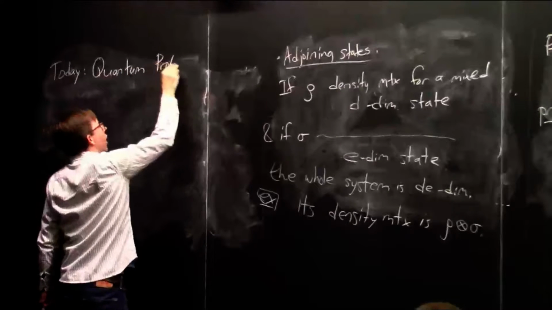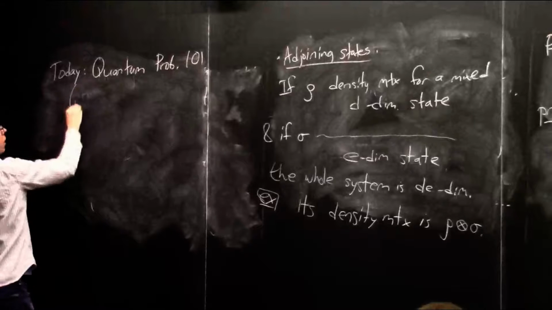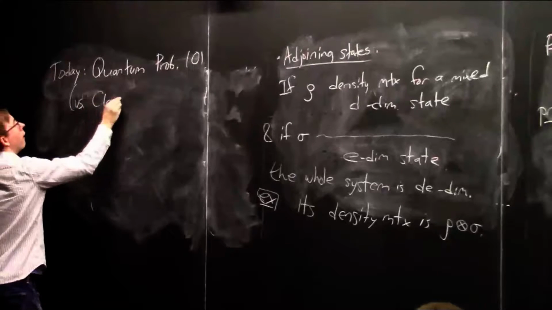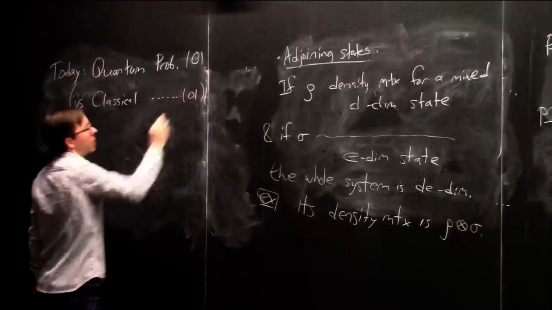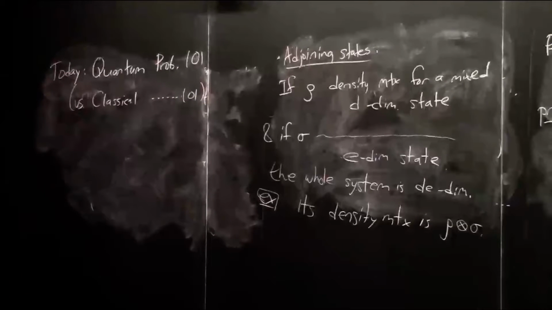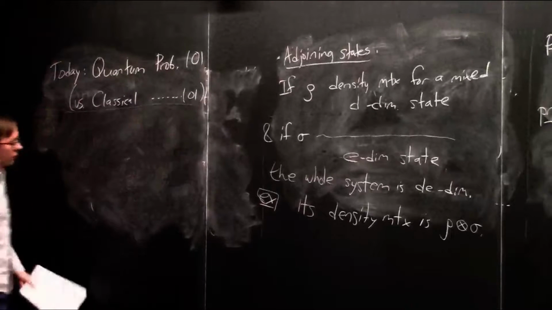First of all, this is a strict generalization of classical probability. So it governs the flipping of coins and the rolling of dice, but also the behavior of quantum particles. Great. And just to motivate it, we're always going to be comparing it with the rules of classical probability.